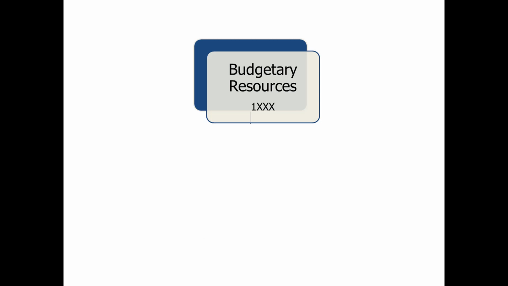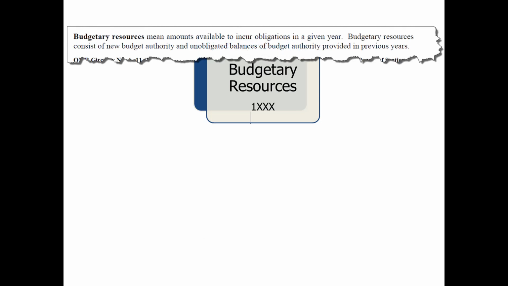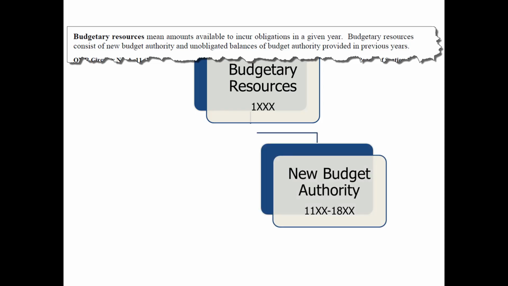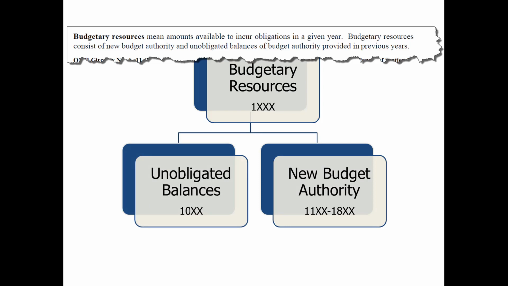The formal A11 definition of budgetary resources is amounts available to incur obligations in a given year. Note also that budgetary resources consist of new budget authority and unobligated balances of budget authority provided in previous years.